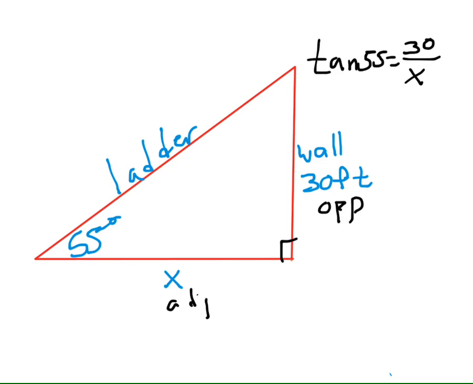So to do that, I would just multiply both sides by x. Those will cancel. Whatever I do to one side, I have to do to the other. So then I have x tangent of 55 equals 30.